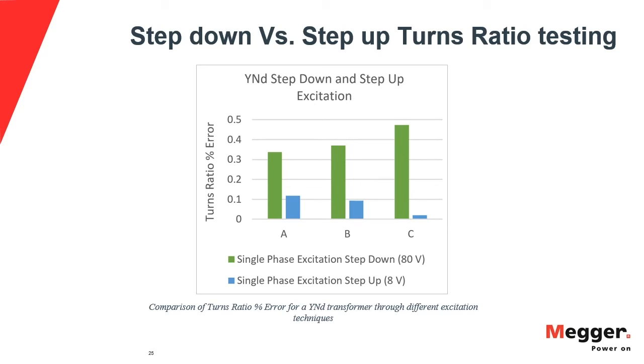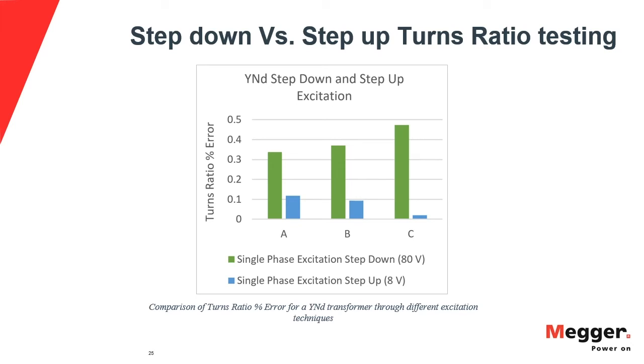And you see, even using a considerably lower voltage, only 8 volts, so 1/10 of what we were using with step down, we got much better results. Percentage errors in the case of phase C very close to zero, right?